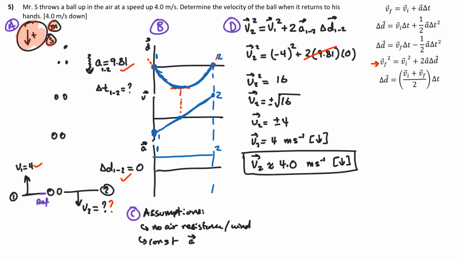Assumptions: let's assume that there was air resistance. What would have happened? As the ball is going up, air particles will be pushing against it, so it's not going to reach as much height as it would if there was no air resistance. Then it's going to drop back from a lower height than before, so it's not going to reach as high a speed here.